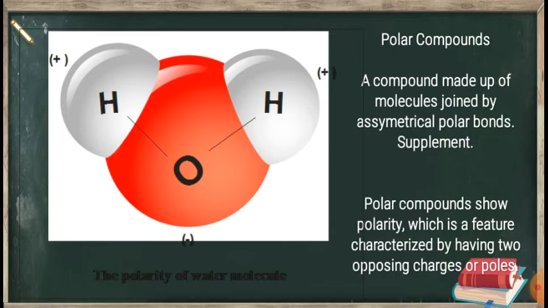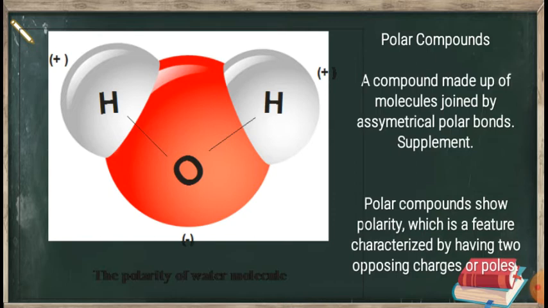Now, the difference between polar compounds, ionic compounds and covalent compounds: in ionic compounds, the differences between their electronegativities are very high. Now in covalent compounds, their electronegativities are not far from each other.